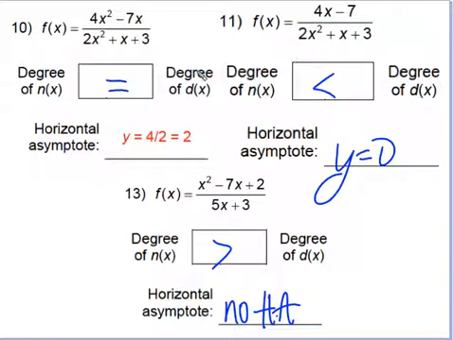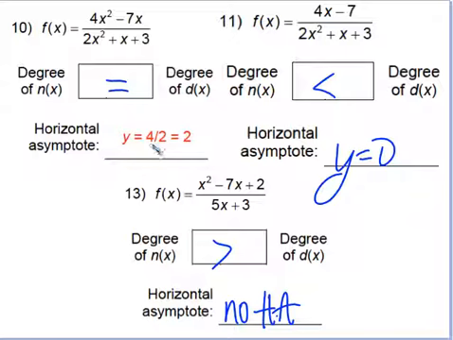Okay, these are 3 problems that are also in your notes. All you have to do is tell me whether the degrees are equal to each other, less than each other, or greater than each other. And in this case, these are the answers. And then my other classes determined, based on the information from here, where the horizontal asymptote was.